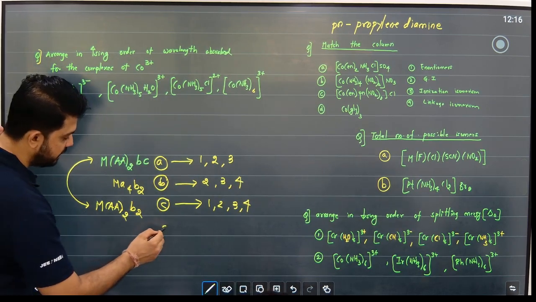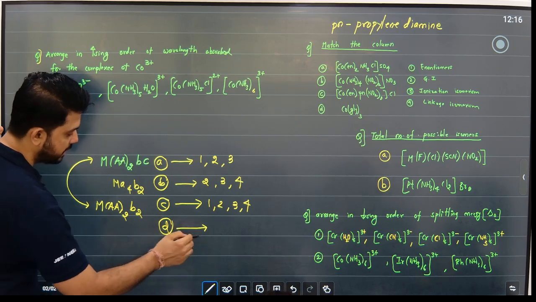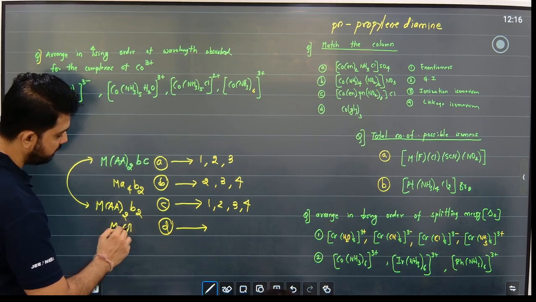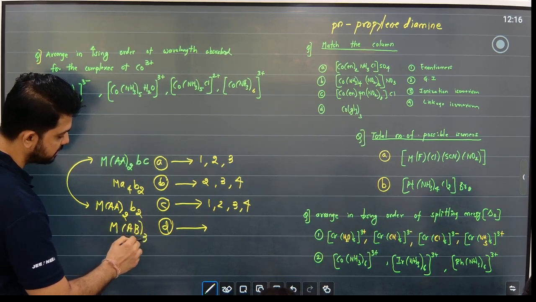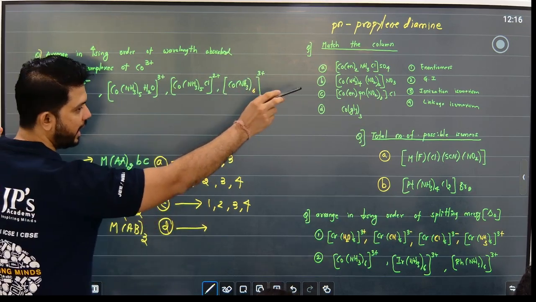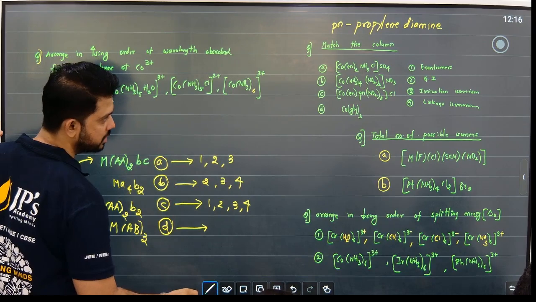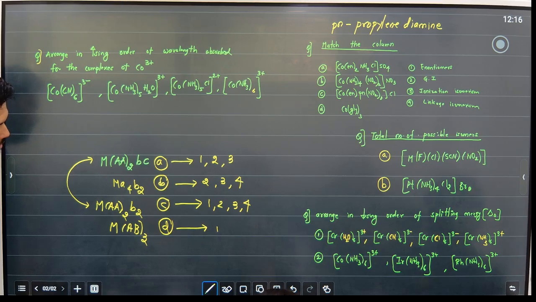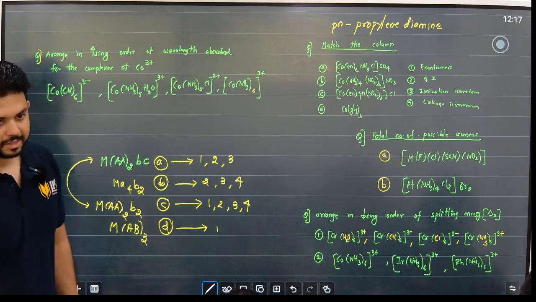And the last one, the D one, is M AB thrice. M AB thrice does not show any GI, but it shows optical activity. Will it show any ionization isomer? Will it show any linkage isomer? This is the answer for match the column.